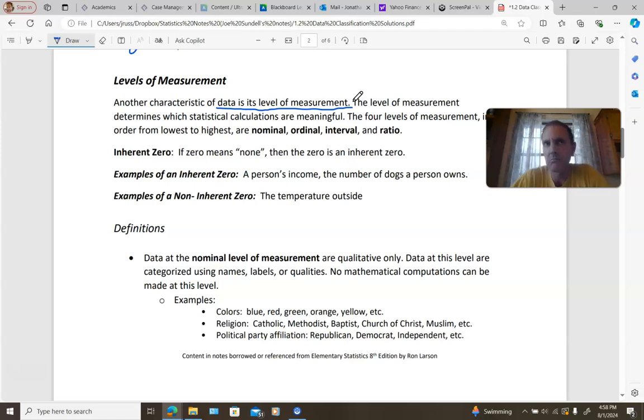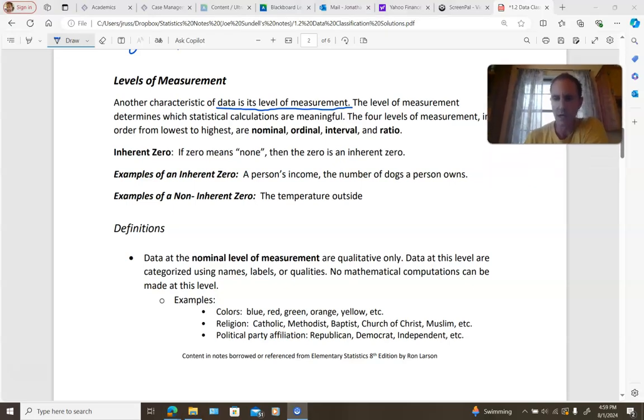If I have two data entries, can I subtract one from the other? And if I can, is that difference meaningful? Or can I say that one data entry is twice as large as another? With some types of data you can, and some you cannot. That's what we're going to look at next, the complexity of the data.